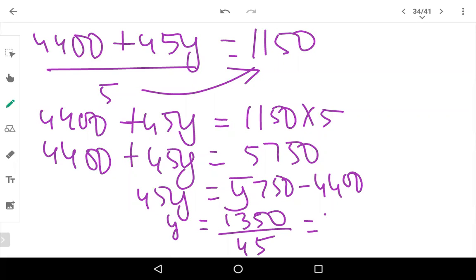You get 30. Okay. So I got the value of y being 30.